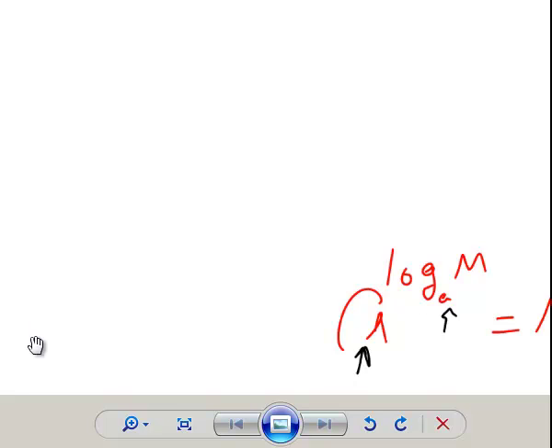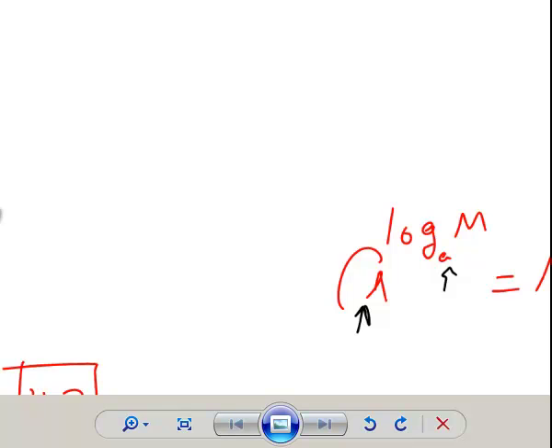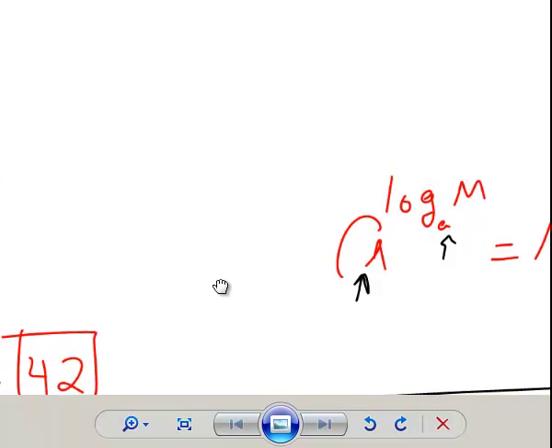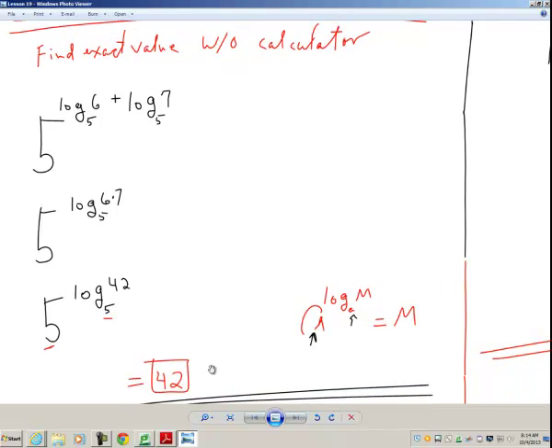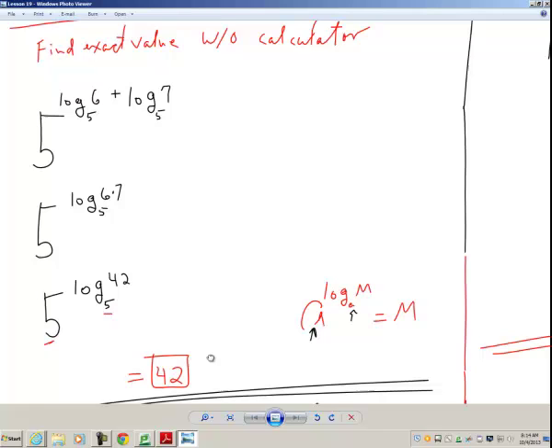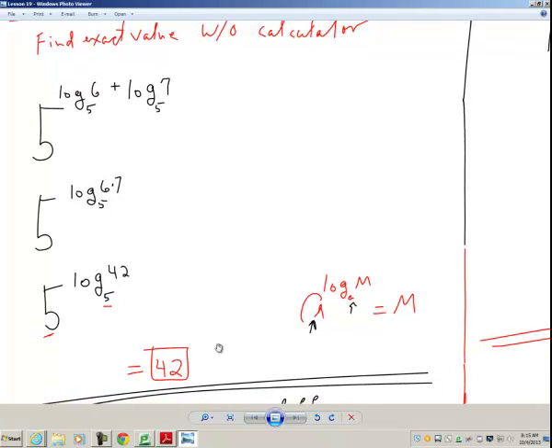Well, what's your answer? 42, right. And so it follows this property here where you have a to the log m base a. Your base for your exponent is the same as your base for your logarithm. And so your answer is your log, in this case, m. Okay, so in this case it's 42. All right? Questions with that?